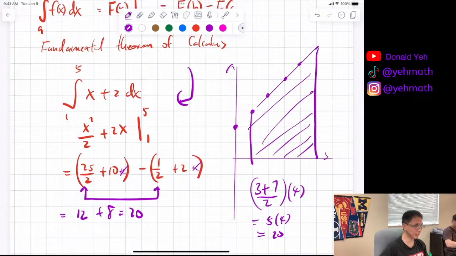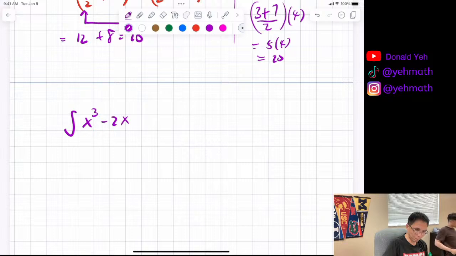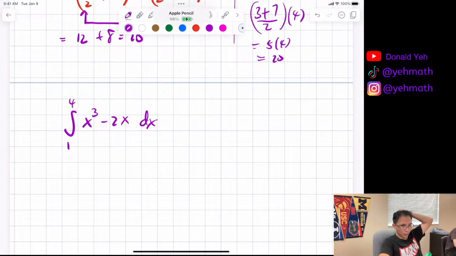The geometry is going to be much easier. So you're going to try to take an integration of... very easy.